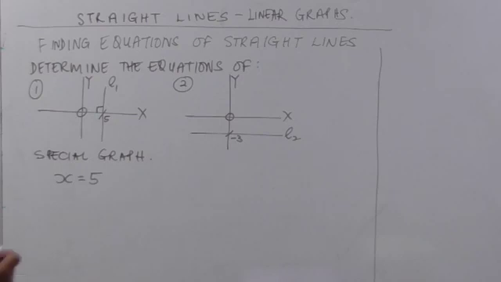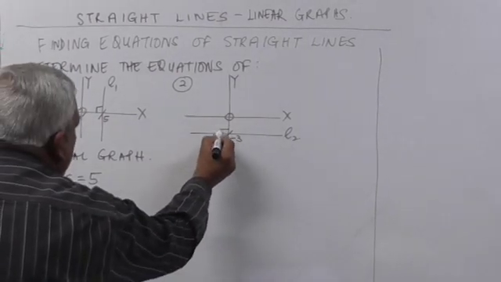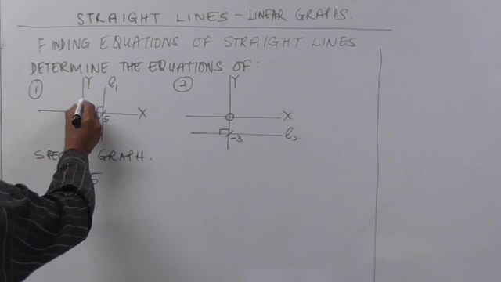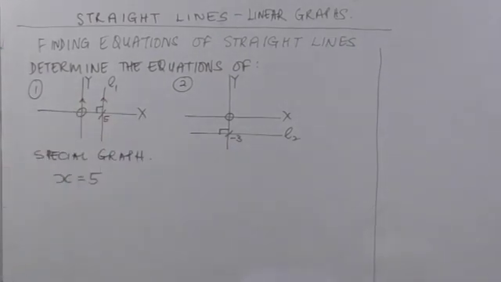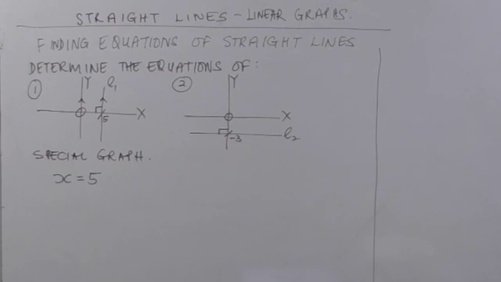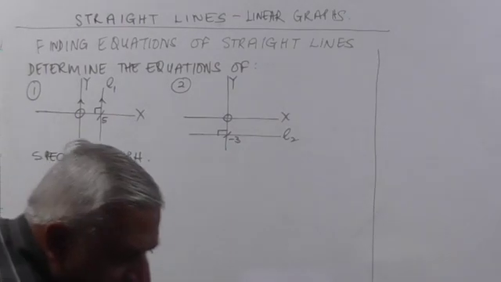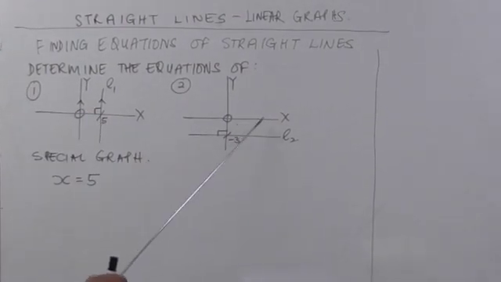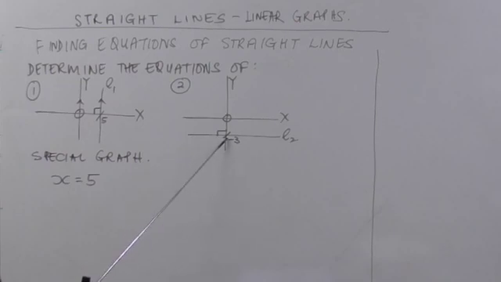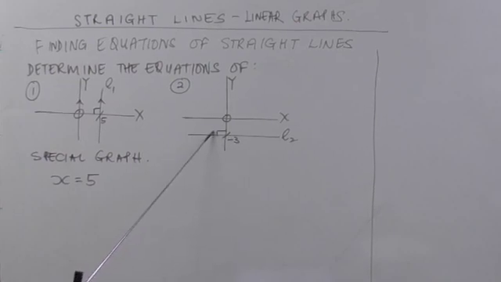Now, if we take number 2, you have the x-axis, y-axis, and you have a line here that goes through -3, forms a right angle here.